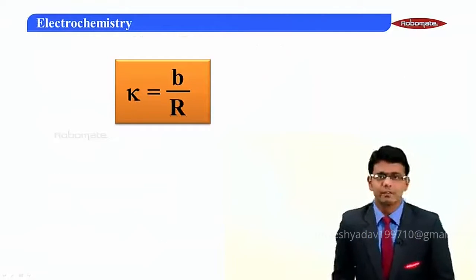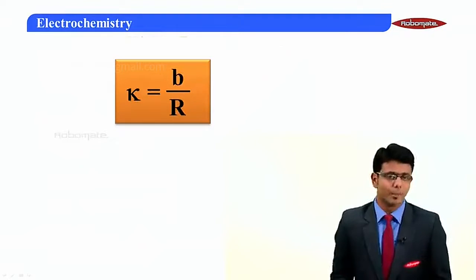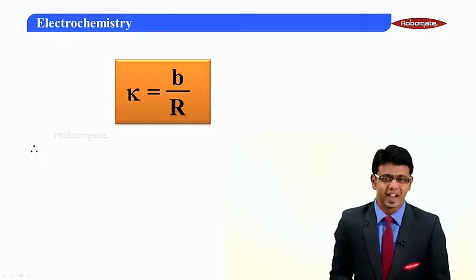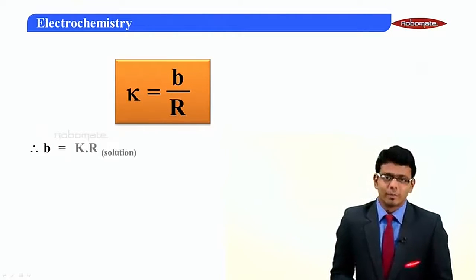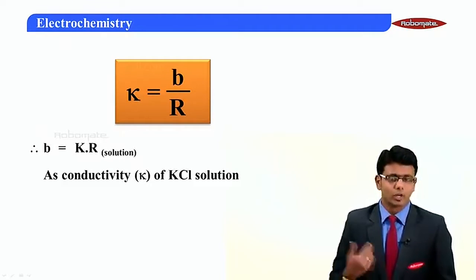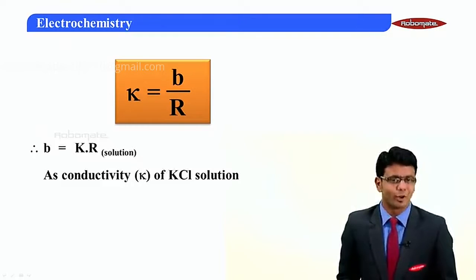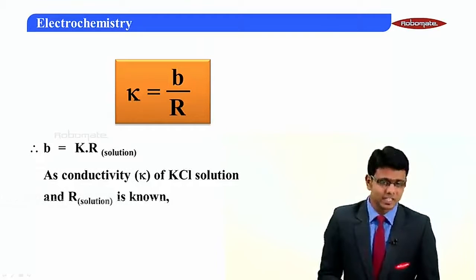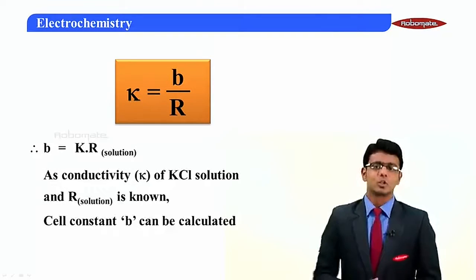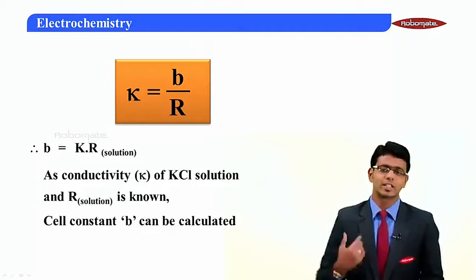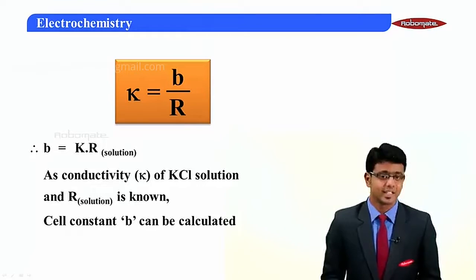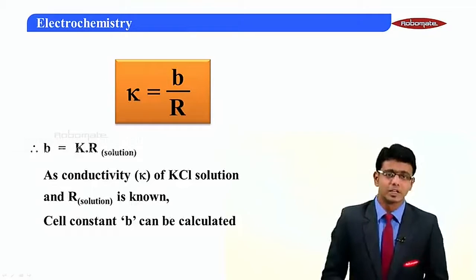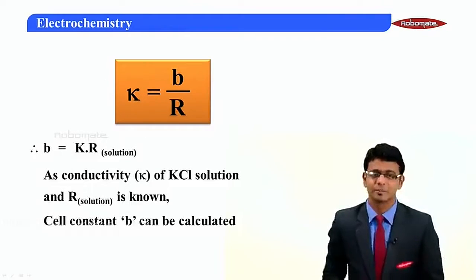Now here we have the equation K is equal to B upon R. For KCl we already know the value of K. So B here is nothing but K into R. So conductivity of a KCl solution is already known to us. We just determine the value of resistance of this KCl solution, and through that we can calculate the cell constant. So the very first step in the measurement of conductivity deals with determination of cell constant.